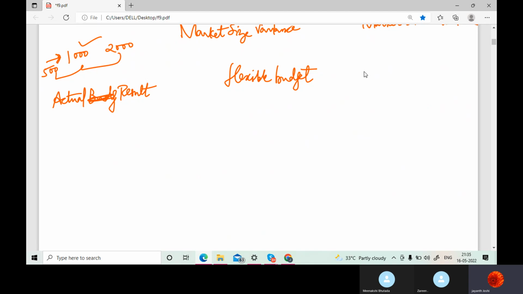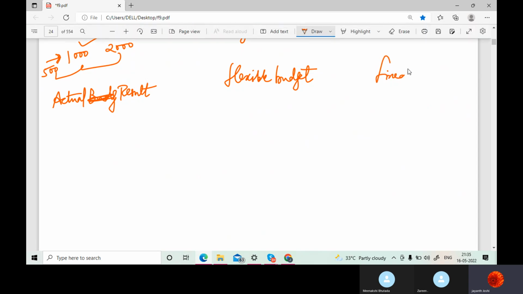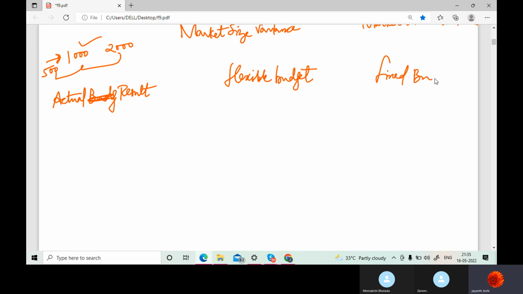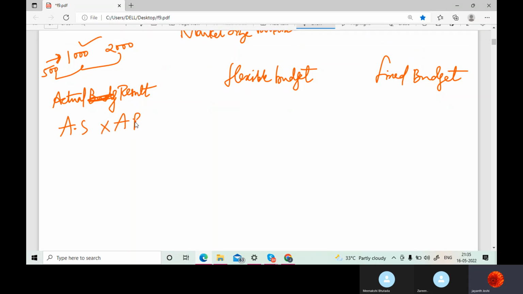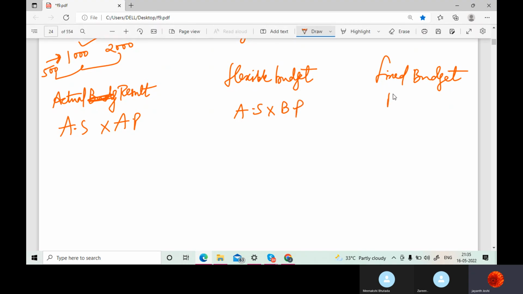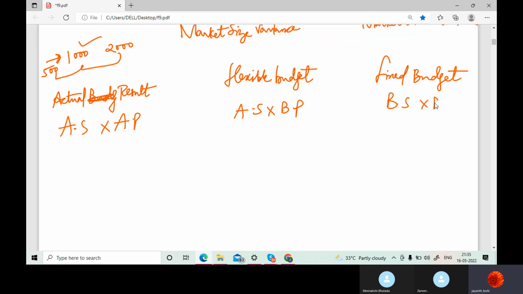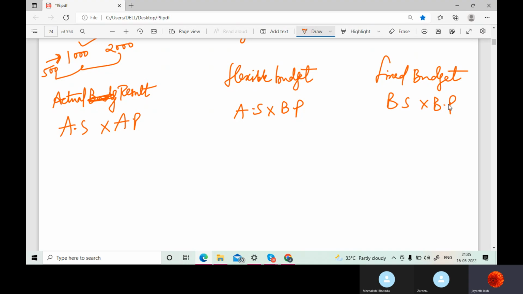That's called flexible budget. The fixed budget is nothing but the static budget. Now what I'll do is take actual sales into actual price here, actual sales into budgeted price here, and budgeted sales into budgeted price here. So this is what I've done.